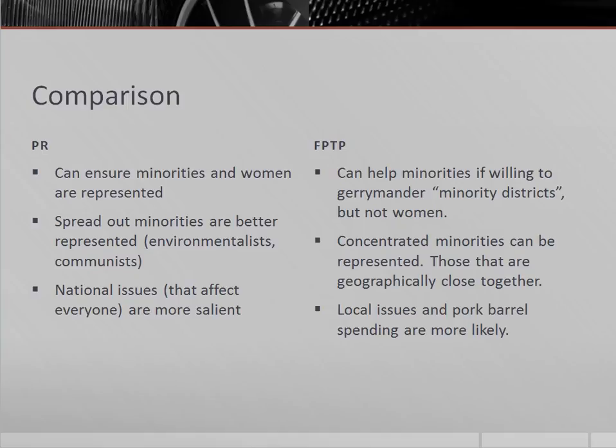So in comparison, PR and FPTP. PR can ensure that women and minorities are represented. FPTP can help minorities if they are willing to gerrymander minority districts, but they can't really help women. So if there are districts where you have concentrations of minorities, you can gerrymander the district to make sure that there are a certain number of, say, black seats in Congress, which is exactly what the United States Congress has done.